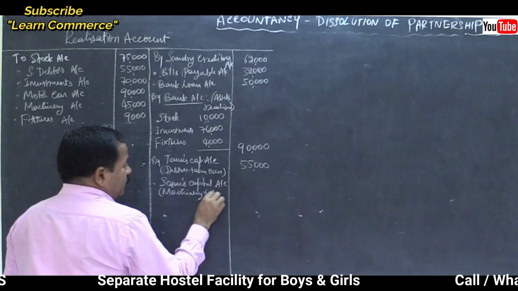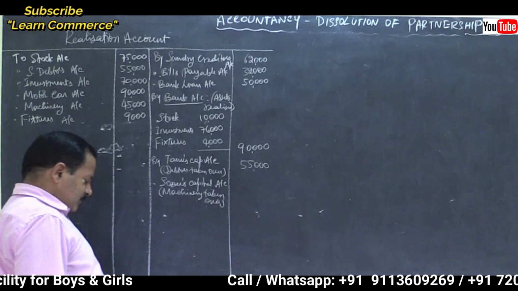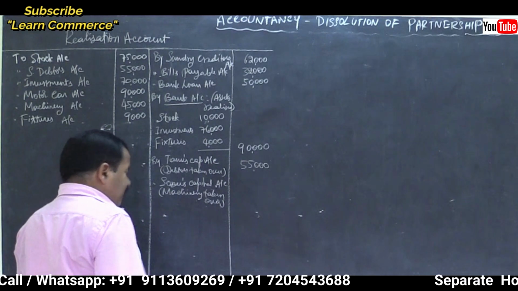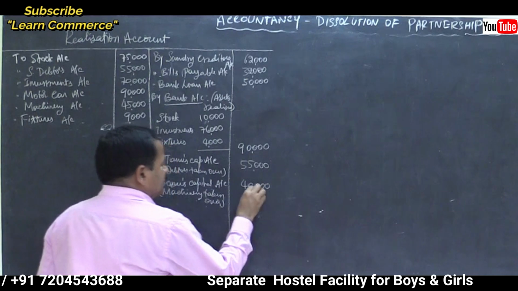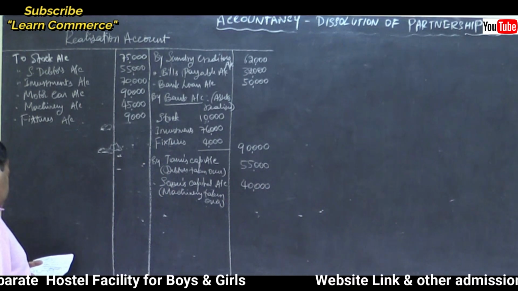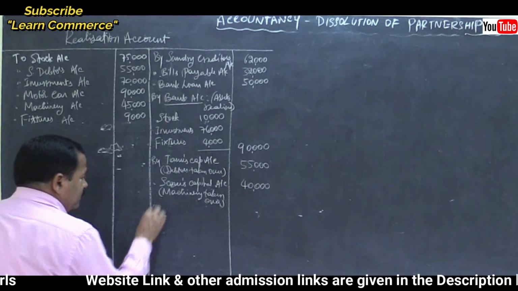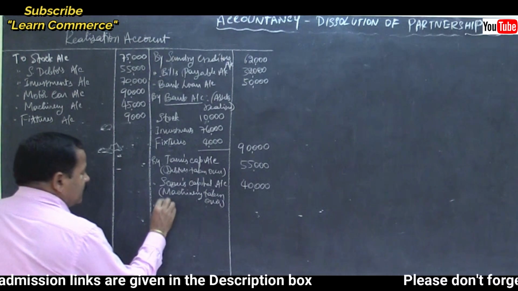How much? 40,000, right? Yes. Then anything else? No. One more is there. Motor car was taken over, right? So Tanu's capital account.